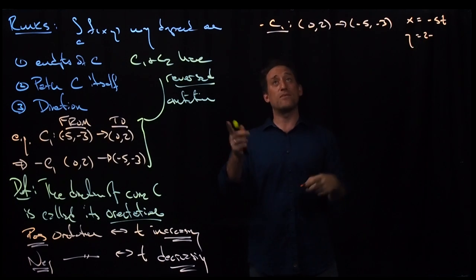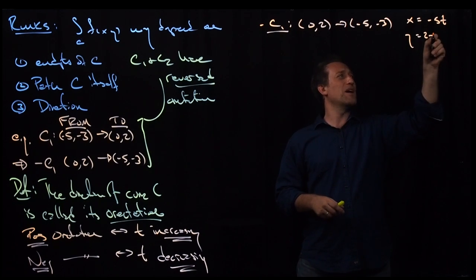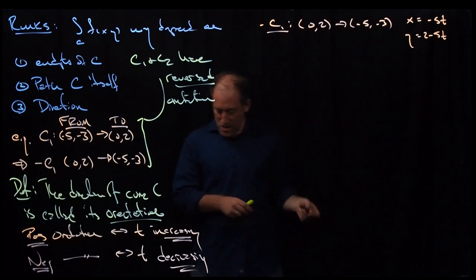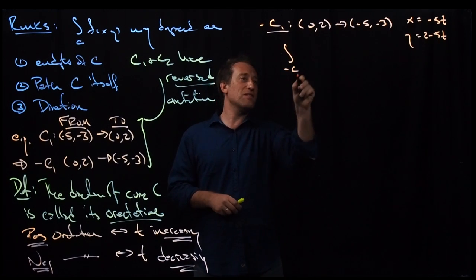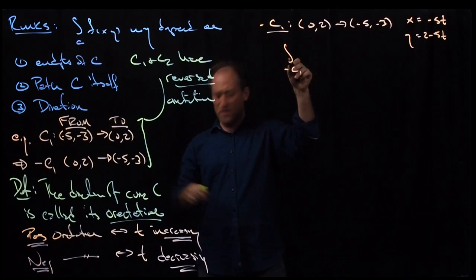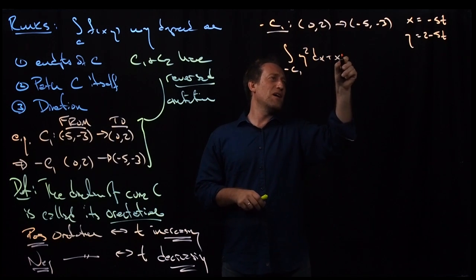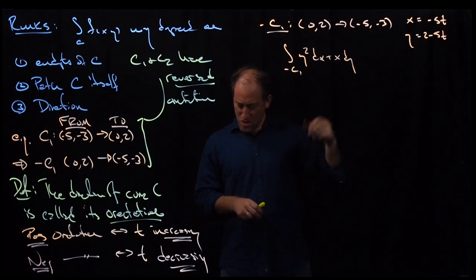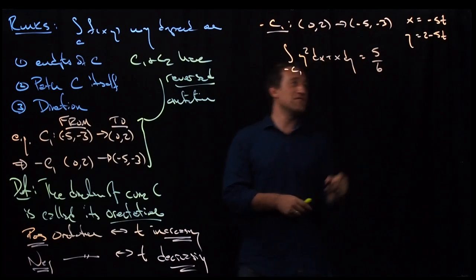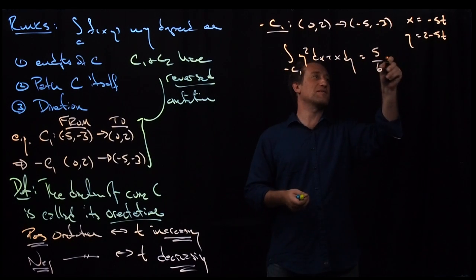Not surprisingly, it's the parameterization for C1, just with negatives distributed through. Of course, t is between 0 and 1, in which case I wind up with the integral along negative C1 of y squared dx plus x dy turning out to be, as you might expect, precisely negative 5/6.